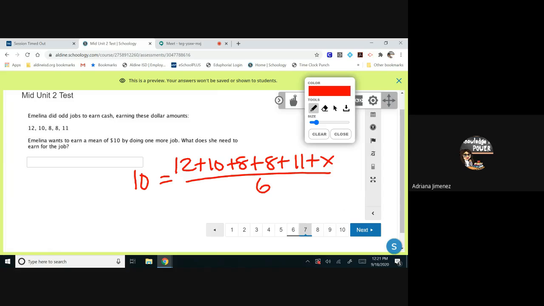So now I multiply both sides by 6, and I get 60. I add that up, and that's 22, 30, 38, 49. Next thing you do is subtract 49 from both sides, and that's going to tell you how much she needs to make.